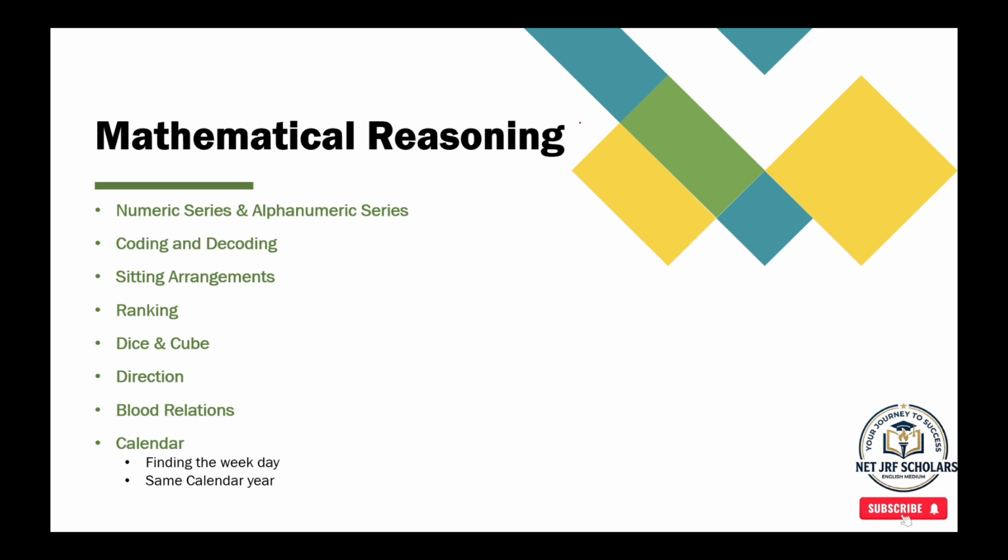Next, mathematical reasoning and aptitude. Together, from the reasoning and the aptitude, they ask 5 questions. From reasoning, there may be 2 to 3 questions in every question paper. These are the concepts you need to learn for reasoning in Paper 1.